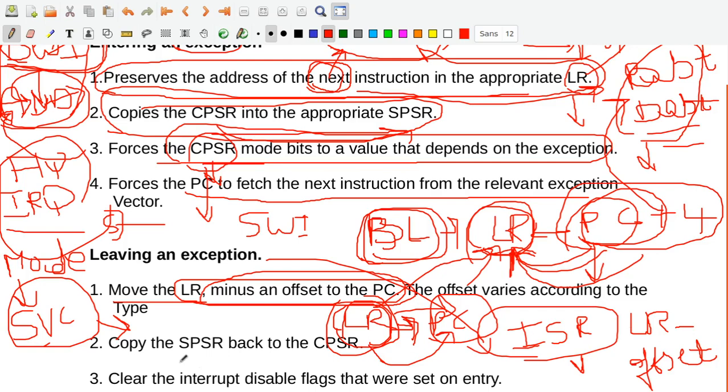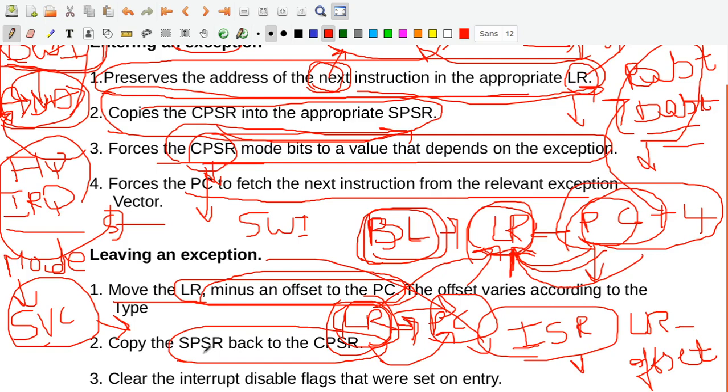Along with that, what else do you want to copy back? You want to copy back the SPSR also, because you want to return to the mode you were in before you serviced the interrupt or the exception. Whenever you service any interrupt, you are in separate modes. So what mode you were in, and what flags were set before answering the exception.